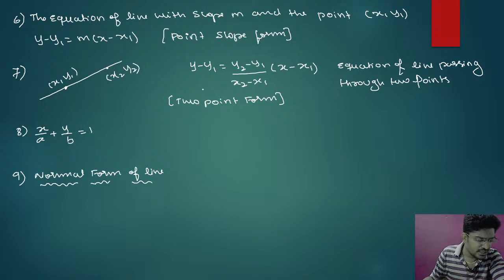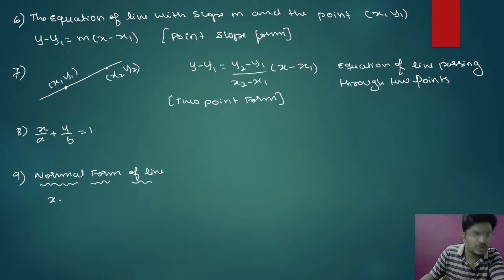And 9th one, you can see, that is normal form of the line. Quickly tell me, anyone, do you remember what is normal form of the line? Very interesting equation, that is normal form of the line. I will see who will answer it.